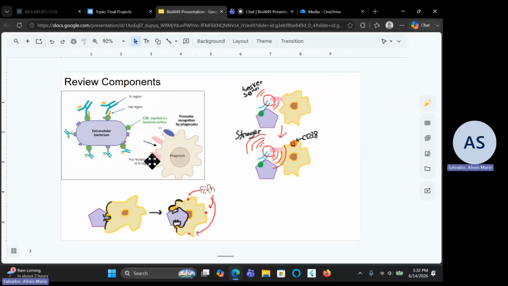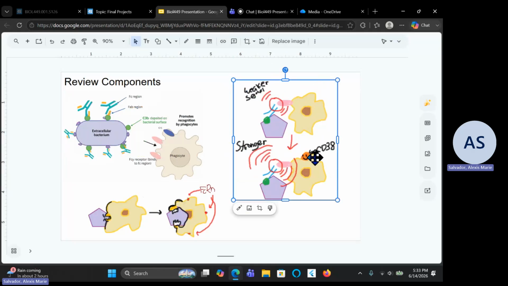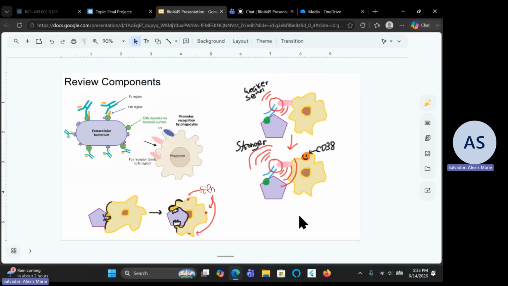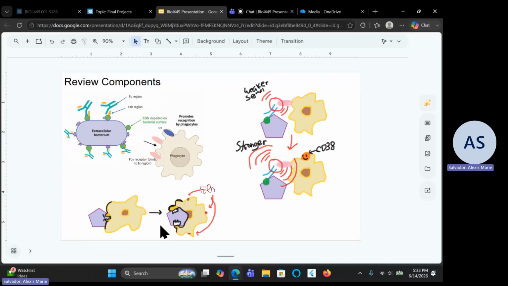This phagocyte uses its Fc gamma receptors and the CR1 receptors to identify and recognize this bacteria. And then from the Kang paper, we see that CD38 is needed to enhance a stronger signal for the engulfment process. And then from the Vitterson paper, we know that FcRn, the neonatal receptor, is needed to make efficient engulfment, or I guess internalization.